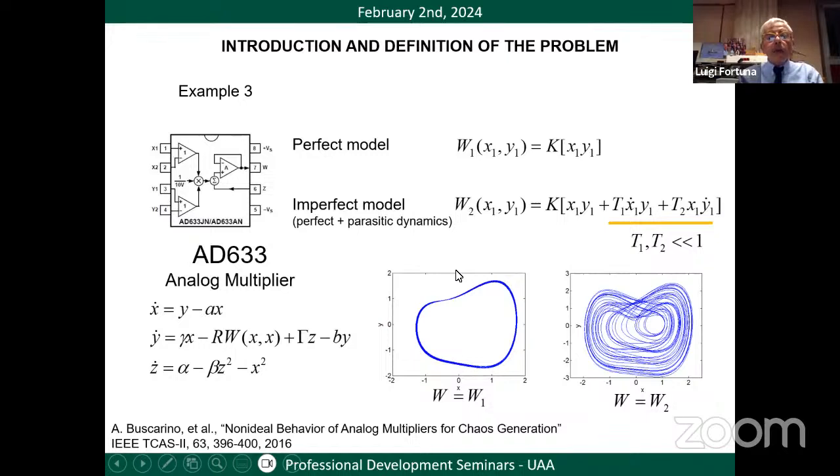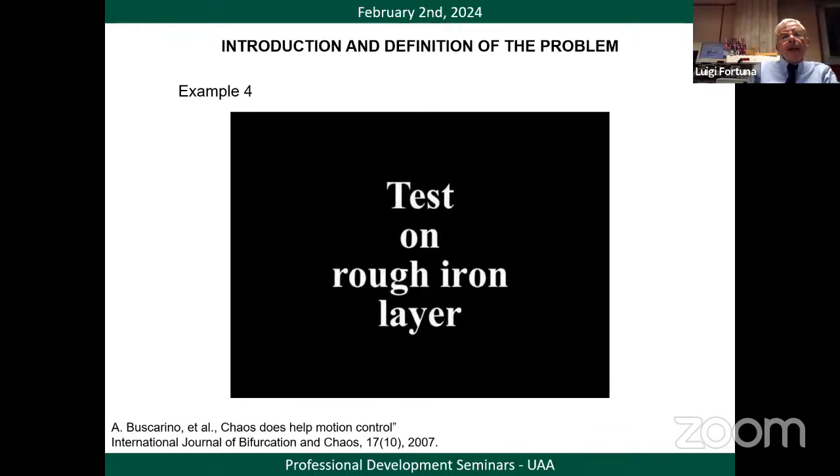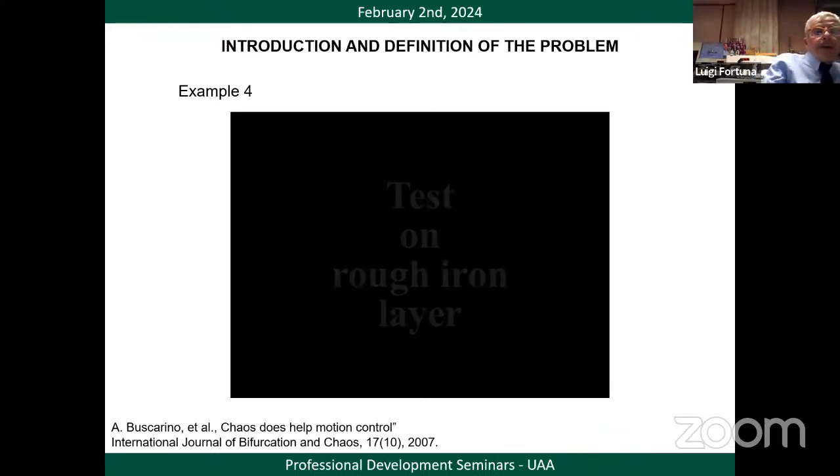So we can use this parasitic effect to derive important nonlinear behavior of circuits with a chaotic behavior. And this is due to the imperfection of the circuit.